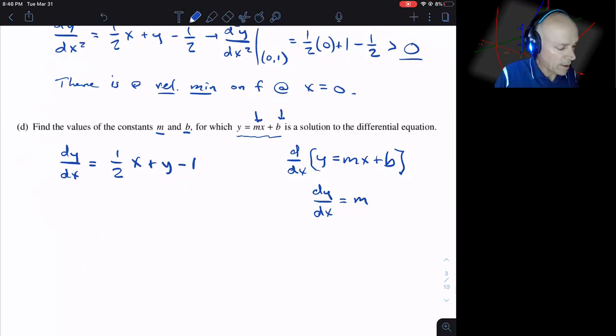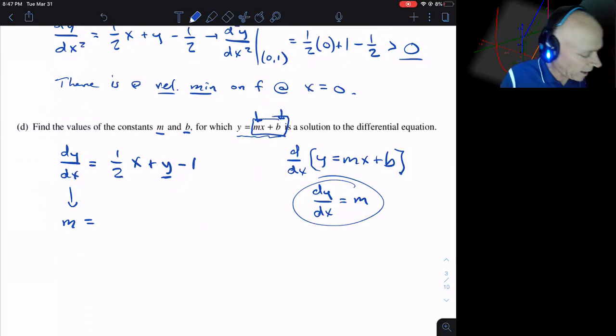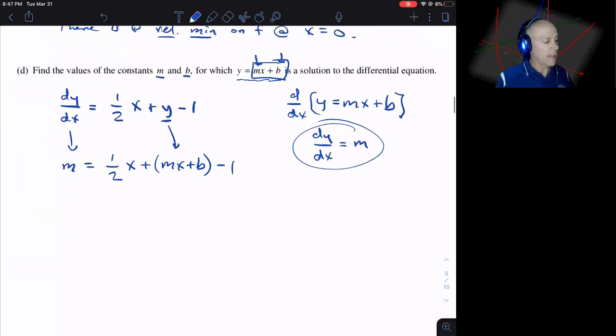So I'm going to make this substitution, dy/dx is equal to m. And now, for this y right here, I'm going to substitute mx plus b. So I'm going to have 1/2 x plus mx plus b minus 1. Okay, and again, that's my y. I hope you're tracking that.